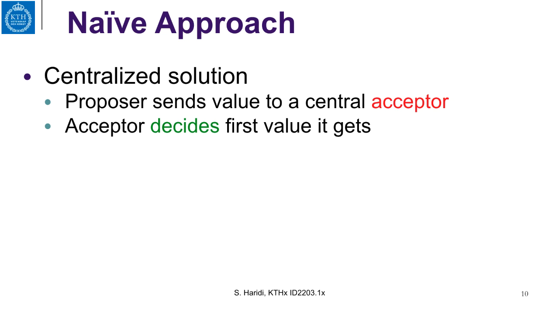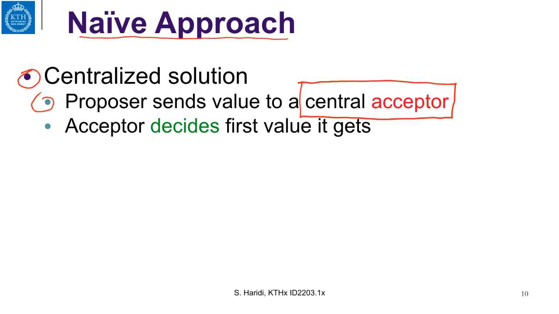Here is a naive approach first, so that everybody knows that it will not work: a centralized solution. What is a centralized solution? As I told you, the acceptor is the memory of the consensus. So we assume we have one single central acceptor, and a proposer sends values to the central acceptor, and the acceptor decides on the first value it gets.